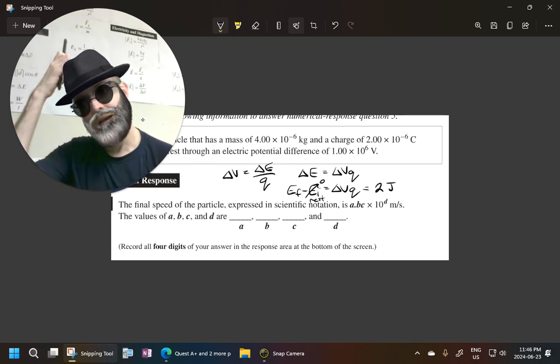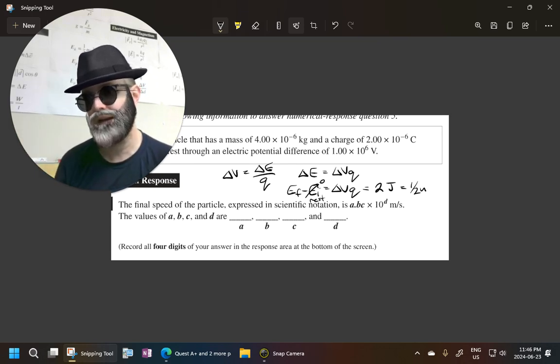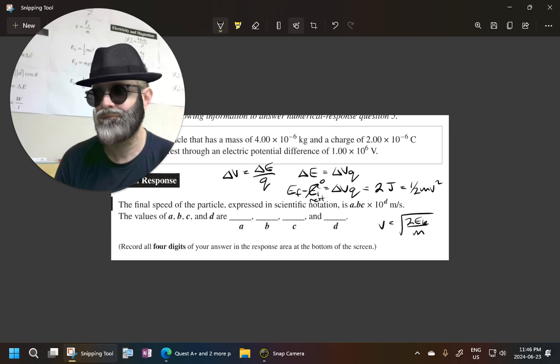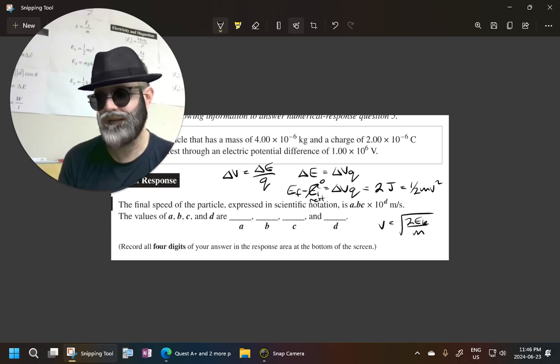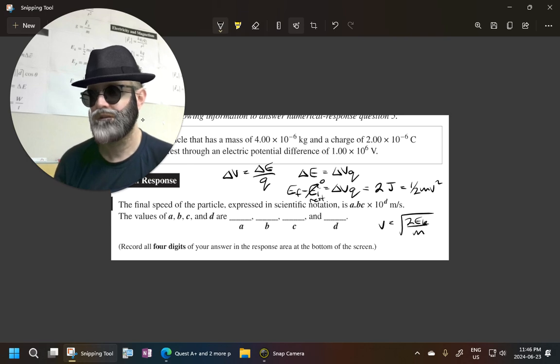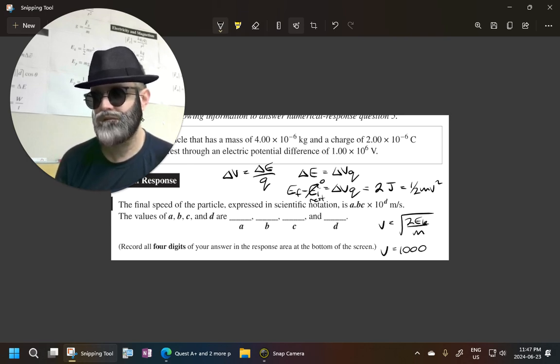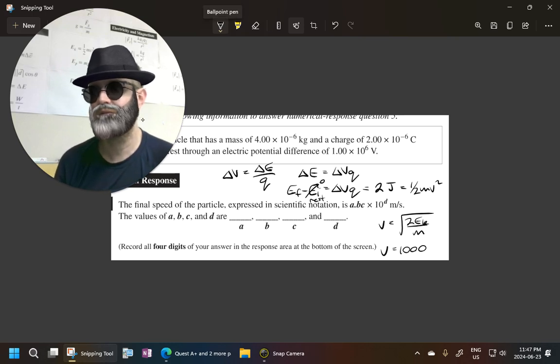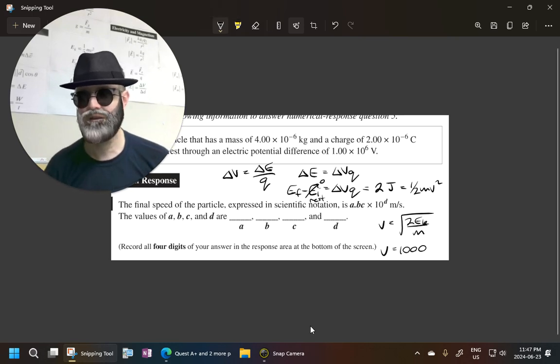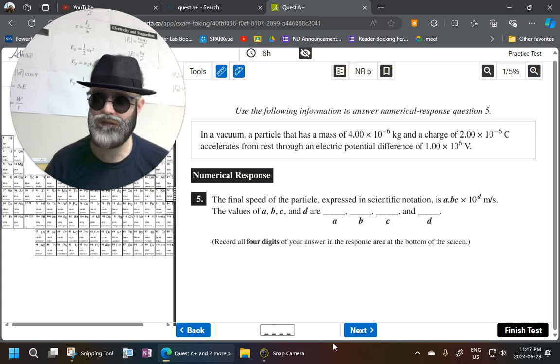And remember, this is kinetic energy, so I can go 1/2 mv squared, rearrange it, so I times it by 2, divided by my mass, and take the square root. So I get 1,000. Well, that's a really nice number. So what does that end up being? 1003.